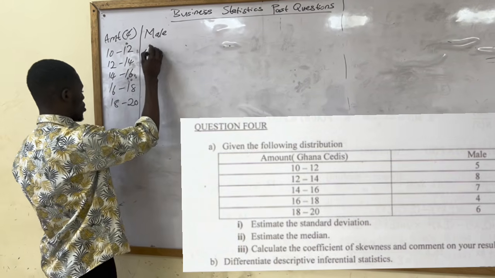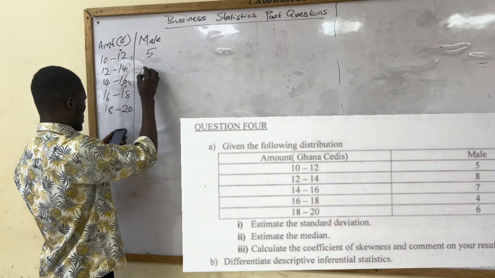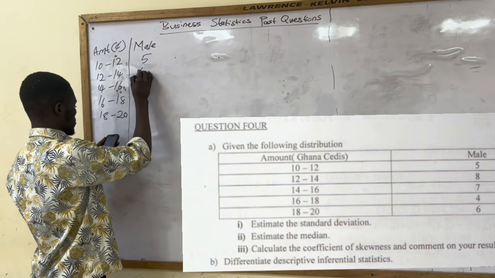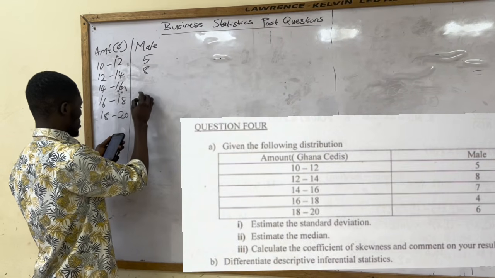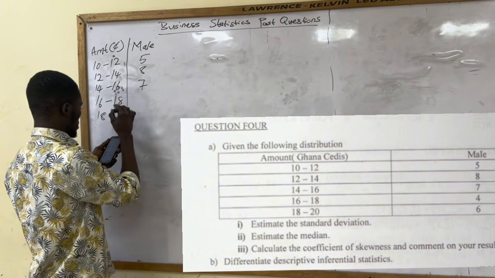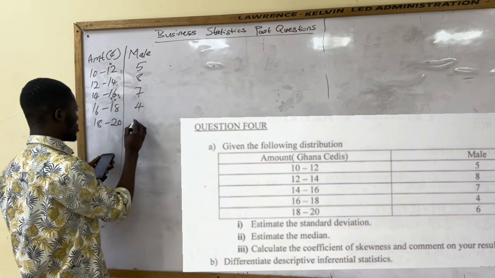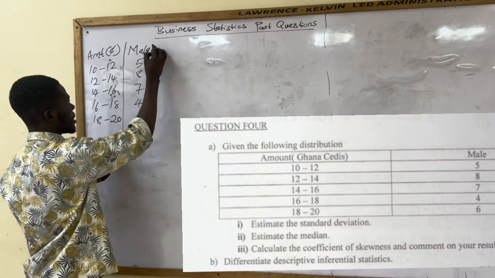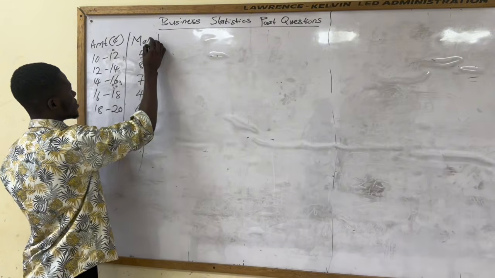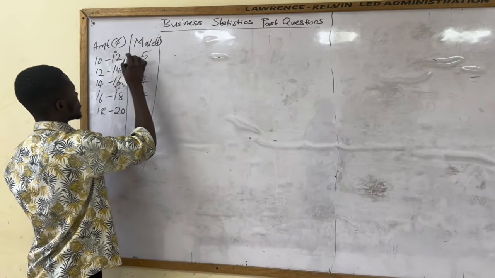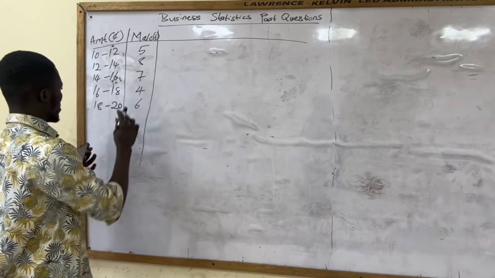Now, our 10 to 12 is 5, 12 to 14 is 8, 14 to 16 is 7, 16 to 18 is also 4. Then our 18 to 20 is 6. Okay, so this will be our frequency.